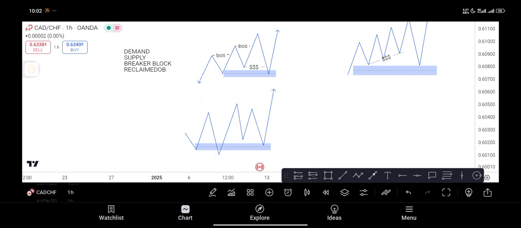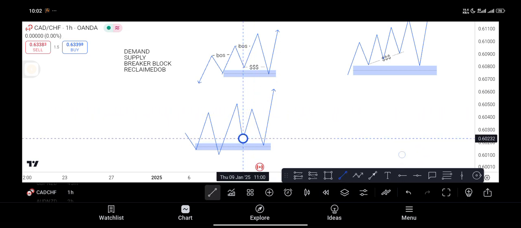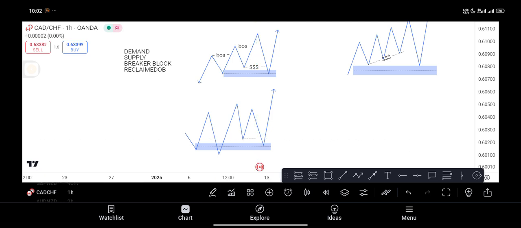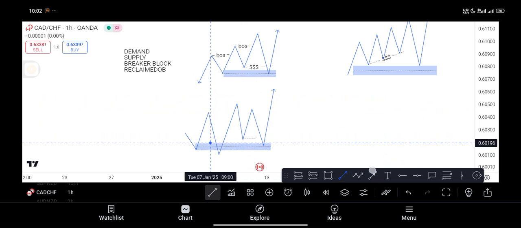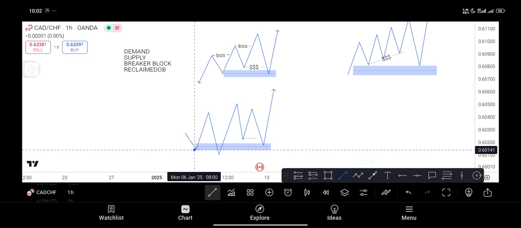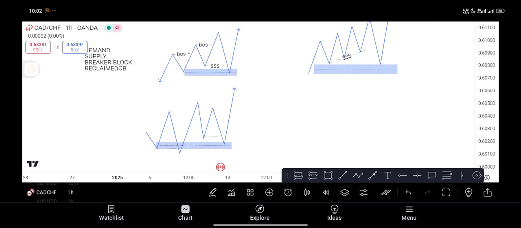So what you'll be seeing is that the market will have liquidity here, and then it had liquidity that was taken here. I know why I'm emphasizing liquidity. It's very important.